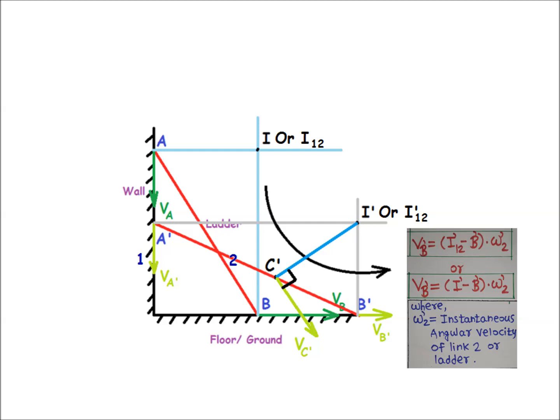In the same manner, we can write relation for velocity at point B dash, that is VB dash will be equal to I dash 1 to B dash multiplied by omega 2 dash, or VB dash will be equal to I dash B dash multiplied by omega 2 dash, and it will be perpendicular to I dash 1 to B dash or I dash B dash.